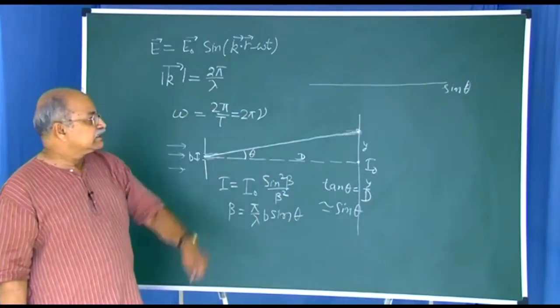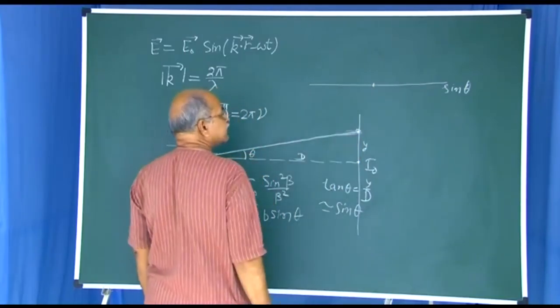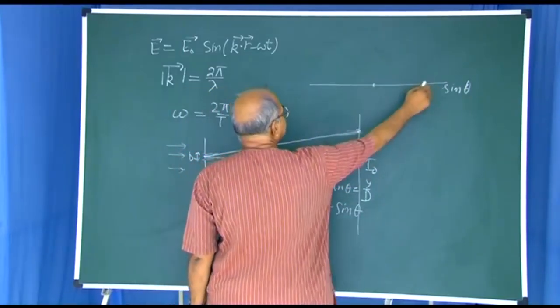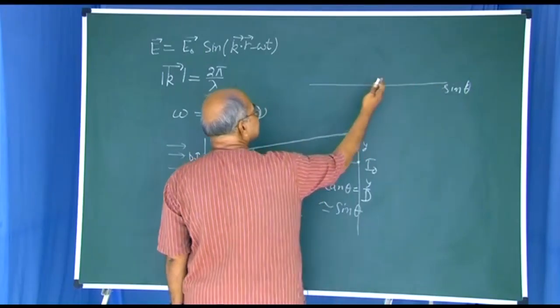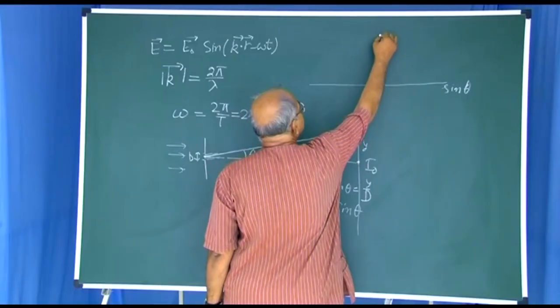So, we are plotting sine theta on this side, and this is, let us say, theta equal to 0. So, sine theta equal to 0, and then you have positive theta on one side, negative theta on the other side, and it is something like this.